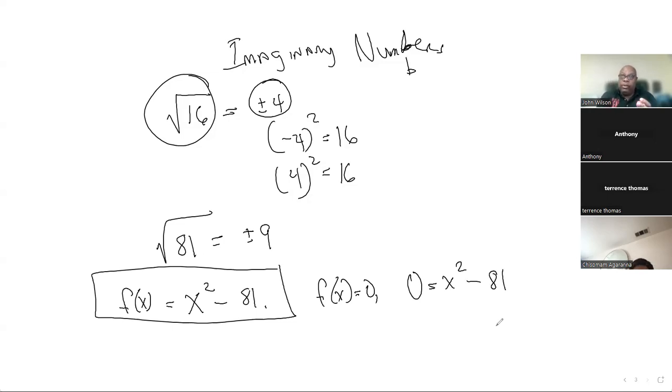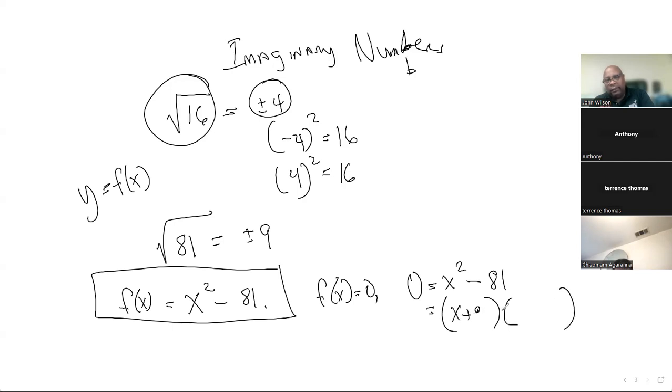The reason you set it equal to 0 is because you want to find out what the x values are when y is 0, and y is f of x. Solving this, we can factor it as x plus 9 times x minus 9. In the first case, x plus 9 equals 0 and x equals minus 9. I'll call it x1. And over here, by the same reason, x2 is 9, because 9 minus 9 is 0, minus 9 plus 9 is 0.